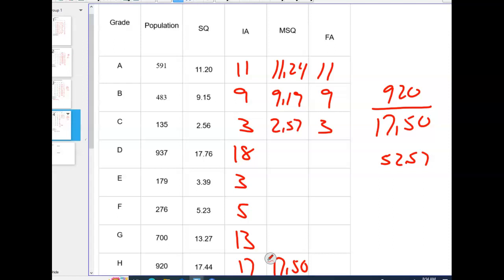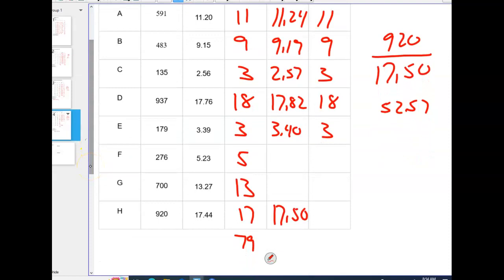937 divided by 52.57 gets me 17.82, still rounds to 18. 179 divided by 52.57, we get 3.40, which still rounds to 3. 276 divided by 52.57, we get 5.25, and that still rounds to 5. 700 divided by 52.57, we get 13.32.